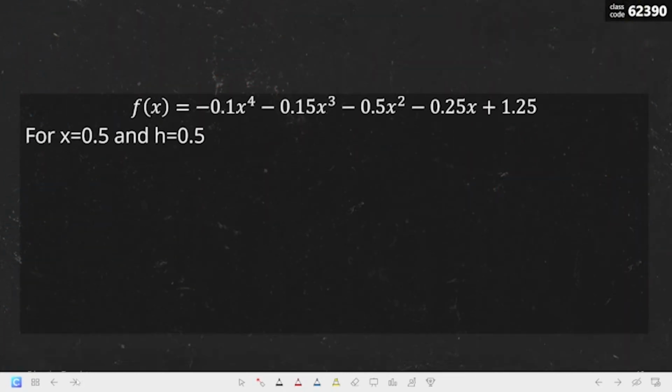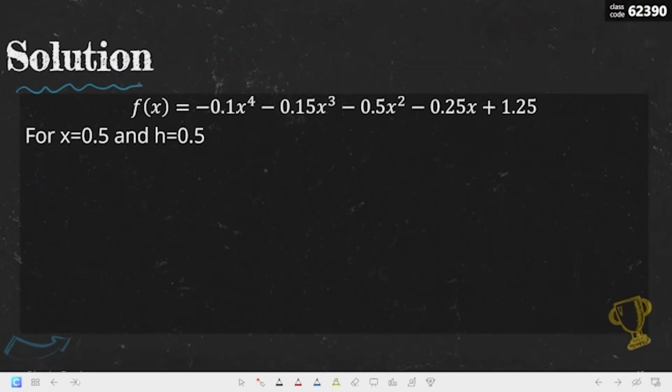Now let's go to backward difference. In backward difference, we have f prime of 0.5, which is equal to our present value, 0.925, minus f of 0, which is 1.25, divided by our step size of 0.5. This is equal to negative 0.65.